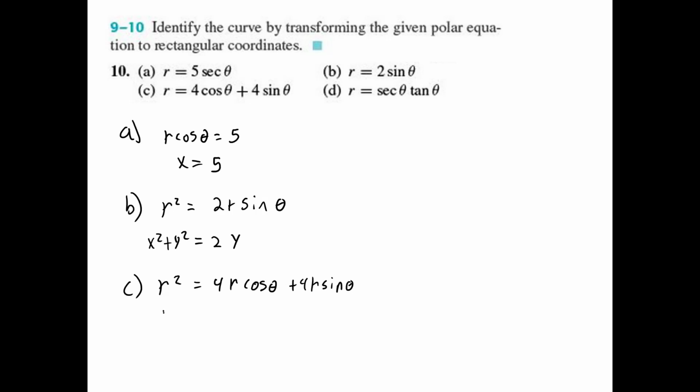And now r squared is x squared plus y squared, and r cosine theta is x, r sine theta is y. And you can complete the squares and write that as a circle in standard form.